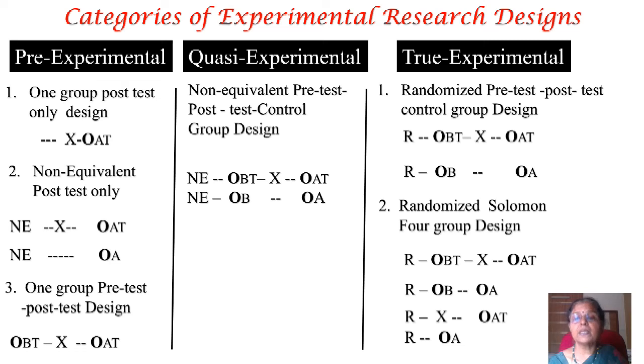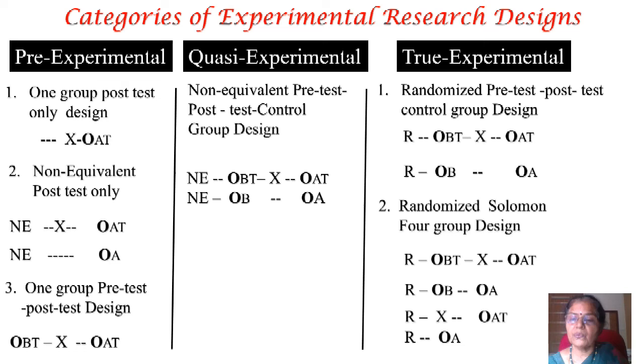What is internal validity and what is external validity? Internal validity refers to the degree of confidence that the causal relationship which you are trying to establish is not influenced by any other extraneous variables. So here the cause is due to only the treatment and nothing else. We want to make sure of that. So that is the internal validity.